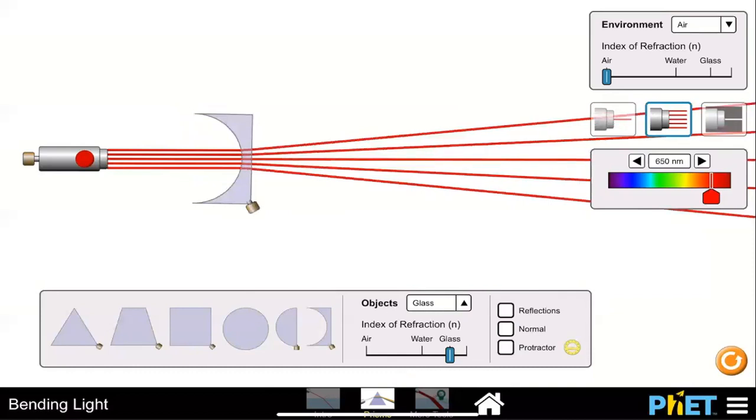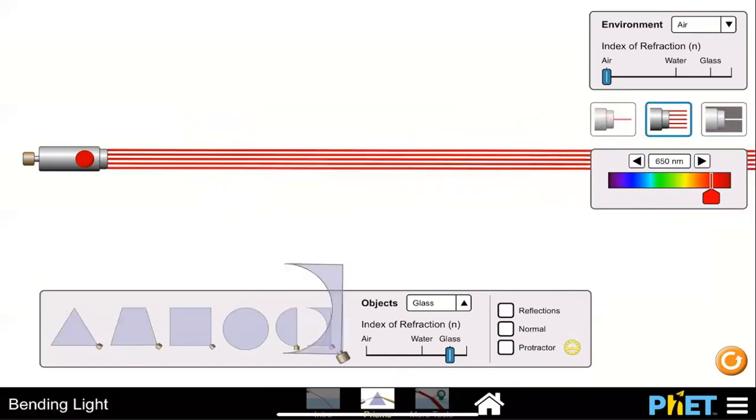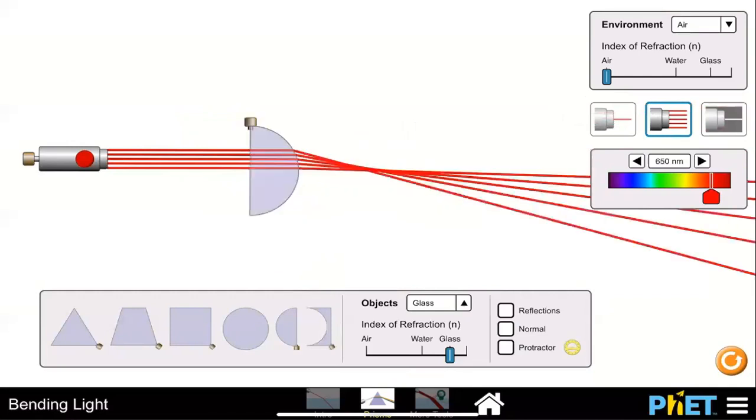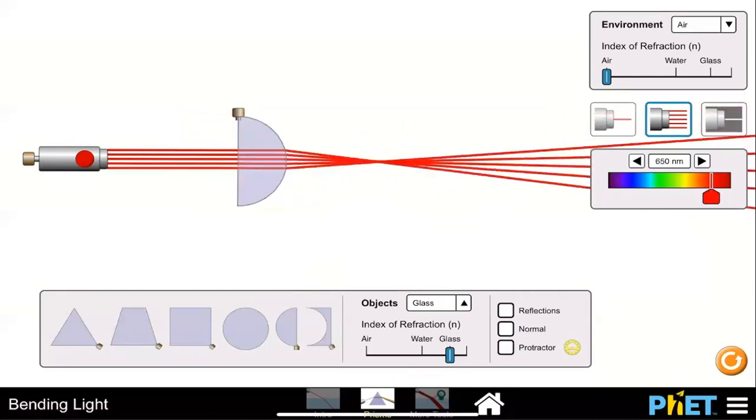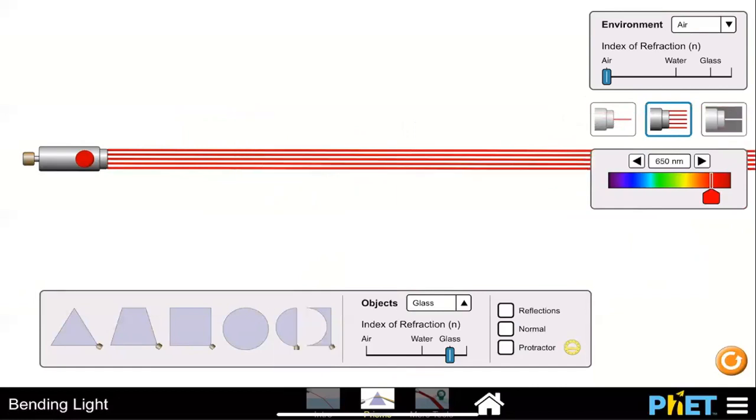If we do the same thing to the convex lens, it still does the same thing: it focuses the light.